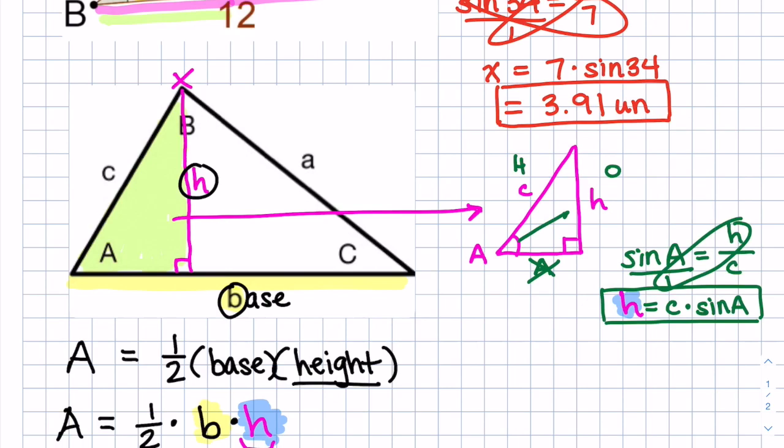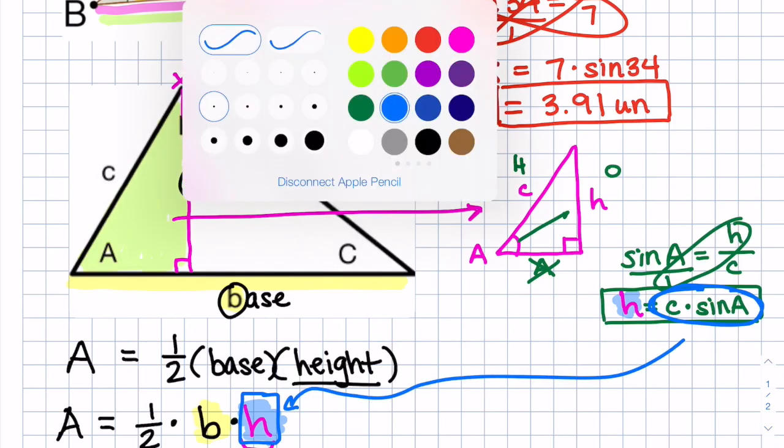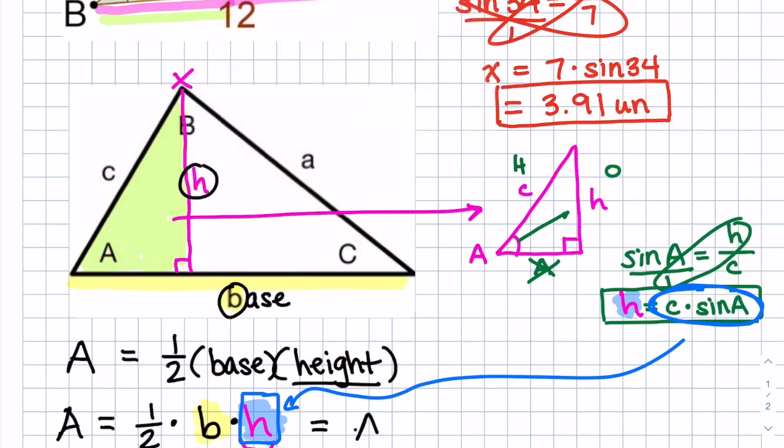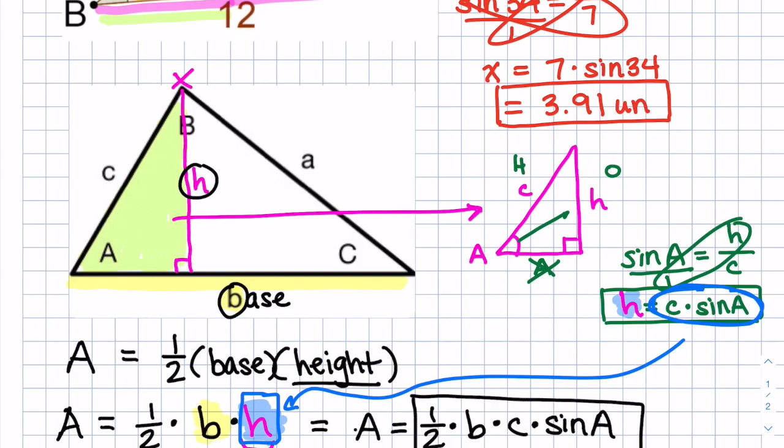So according to this green equation, I could do a quick substitution for this h, and instead I could call it all of that, c times sine A. So I'm going to come over here, substitute, and that would mean that another way we could calculate the area would be A is equal to 1/2 little b times c sine capital A, right? And ta-da, we have one of the versions of our new area formula.